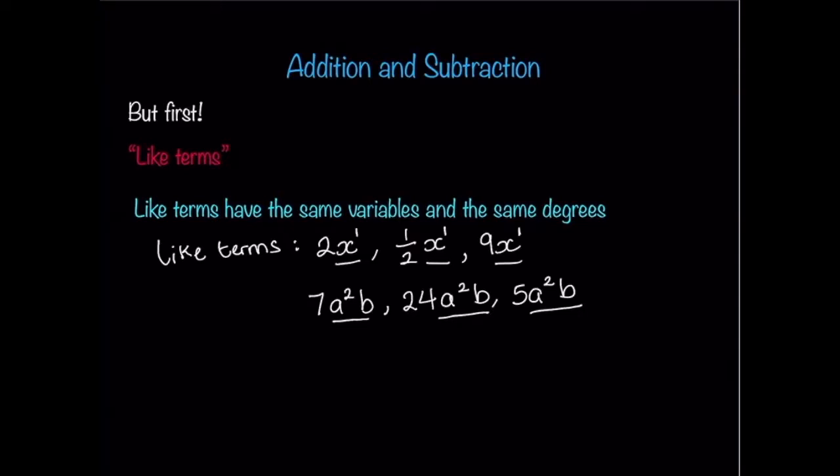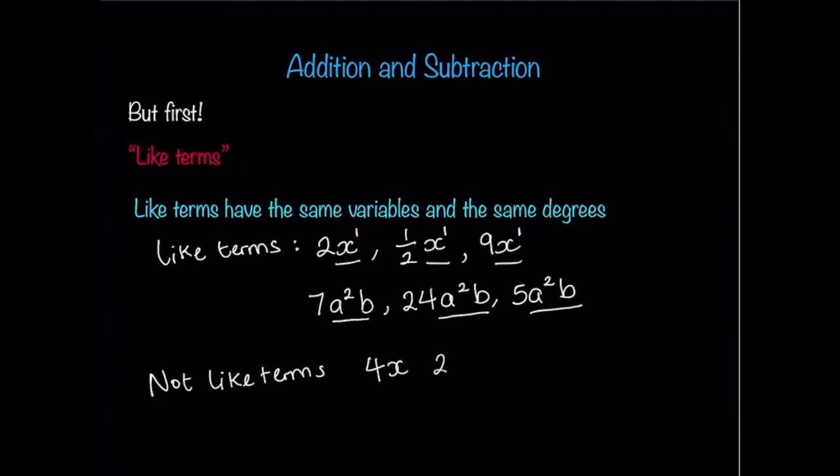Now, what are not like terms? So terms such as 4x and 2y are not like terms because this has a variable of x and this has a variable of y.